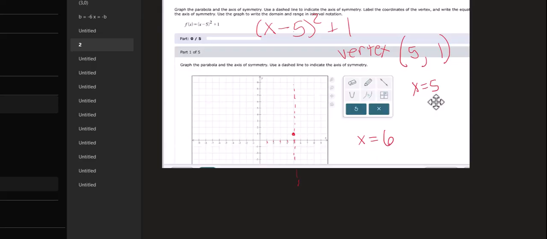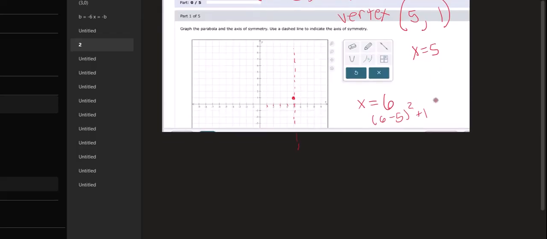Why am I doing that? Because if I plug in x equals 6, I would get 6 minus 5 squared plus 1, which is 1 squared plus 1, which is 2. That tells me I also have the point 6, 2 on my parabola.